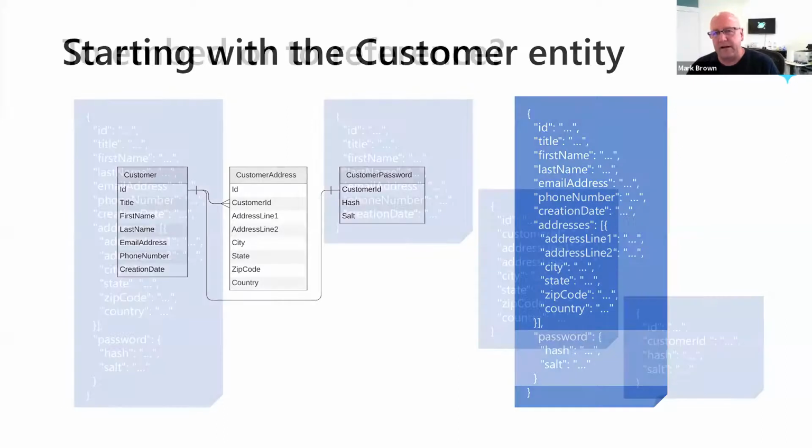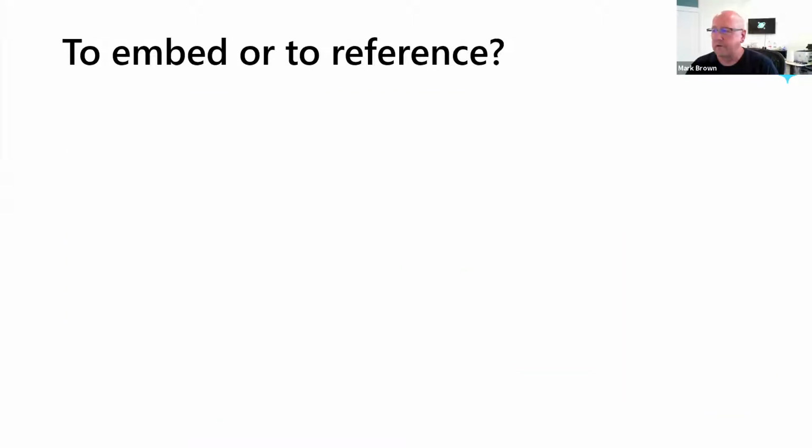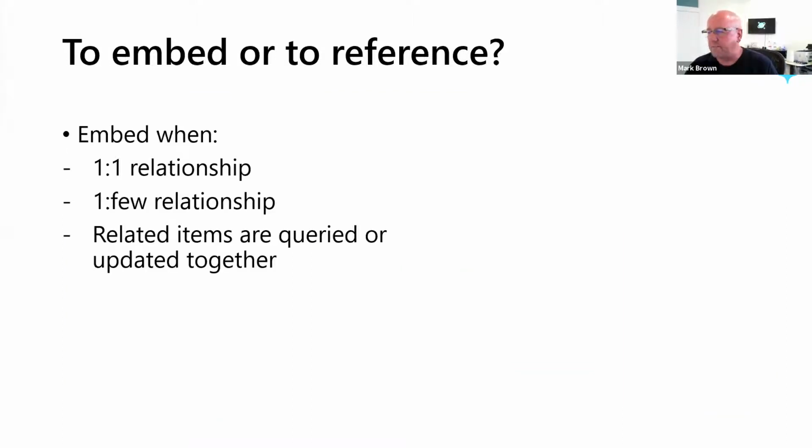At this point, people often ask, when would I embed data in, say, a JSON document versus when would I reference it and add it as, say, a separate row in a collection? And there's actually some pretty good rules around when you would do this. Typically, you want to embed data when there's a one-to-one relationship, like, say, customer and customer password. Also, when you have what we call a one-to-few relationship.